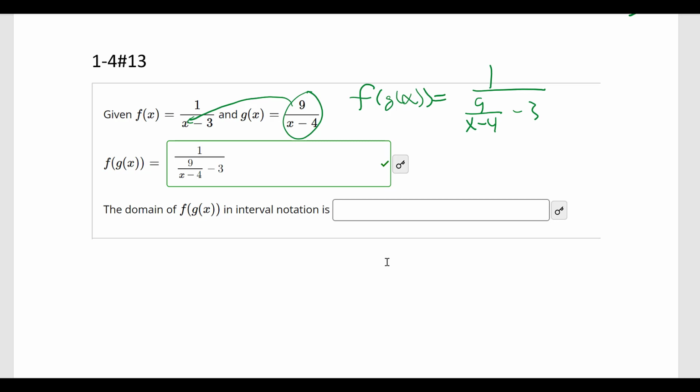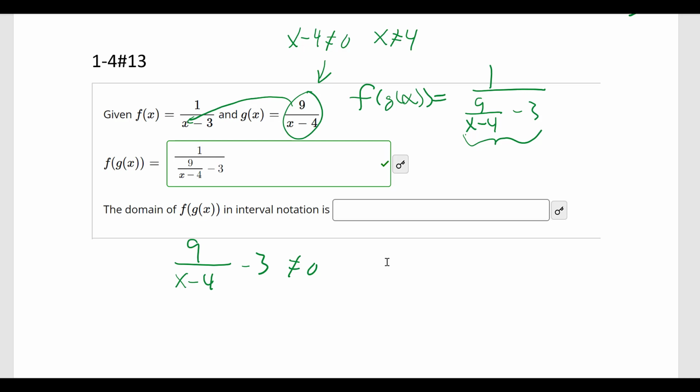So we have a couple of restrictions here. First of all, for the original g, this x minus 4 cannot be 0. And so x cannot be 4 because it makes it 0 in the denominator. Then we have the other restriction that in this new function created, this new denominator cannot be 0.